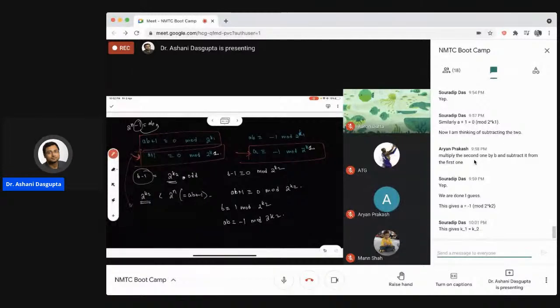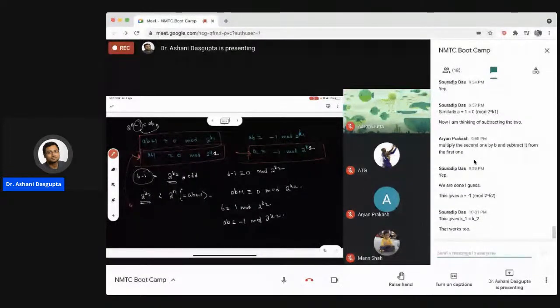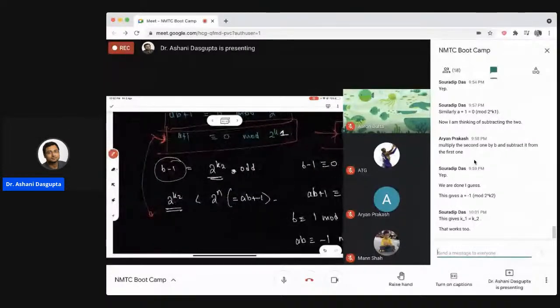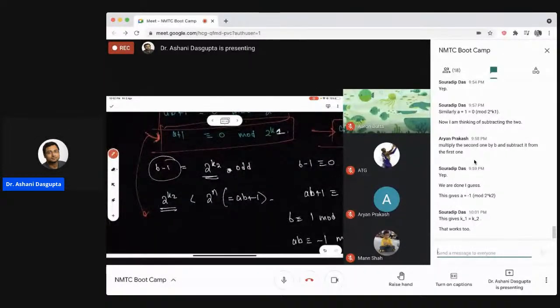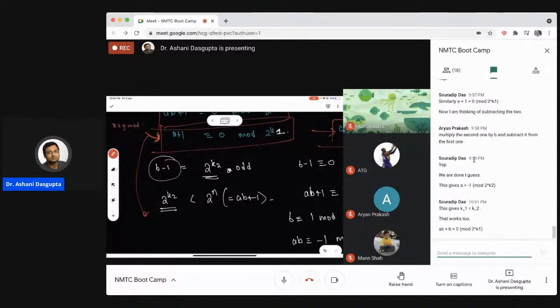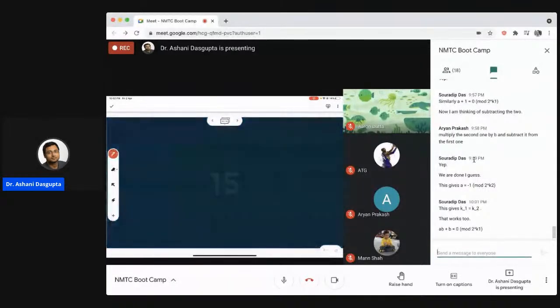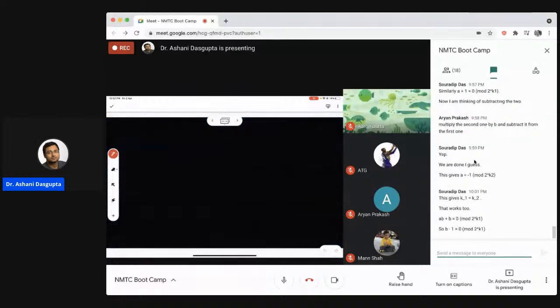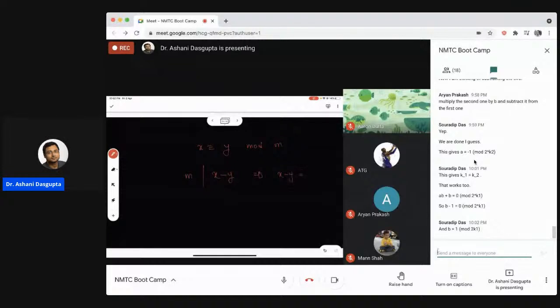A good thing about congruency is that you can multiply stuff on both sides, just as you can do with equations. If x is congruent to y mod m, then you can multiply a constant number to both sides and it will still work. For those of you who have not seen this before, I'll quickly tell you why it works. If x is congruent to y mod m, this basically means m divides x minus y, or x minus y is equal to m times some quotient.